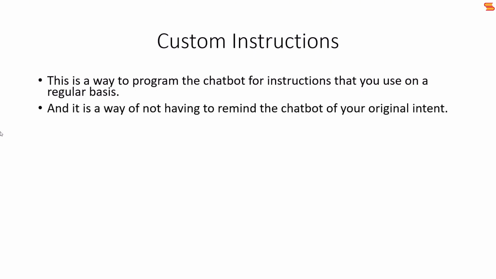It's a way of not having to remind the chatbot of what your intent is. If your intent is to get the chatbot to do something specific and you're continuously reminding it, you want to put those things in custom instructions to make it easy for the chatbot to understand what you're trying to do.